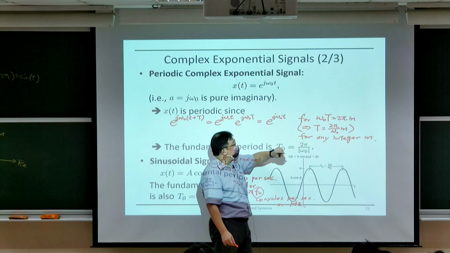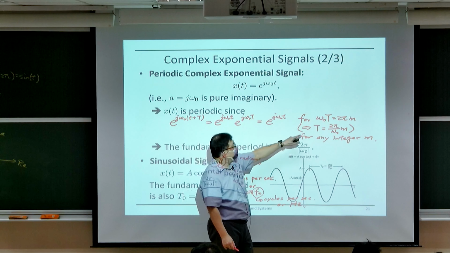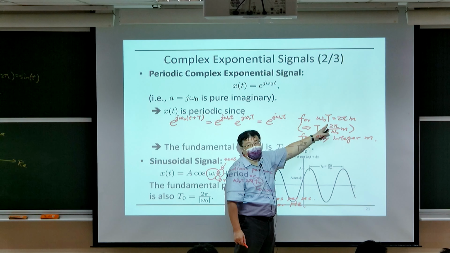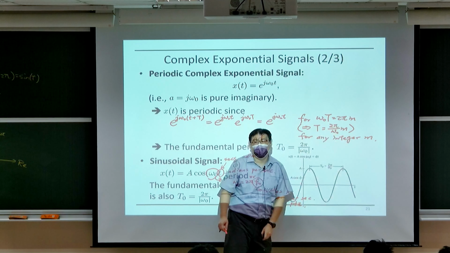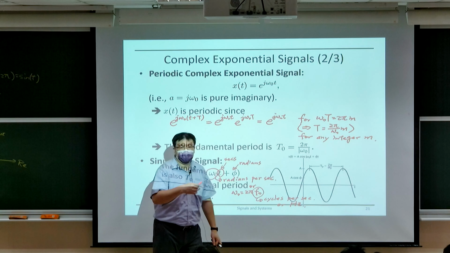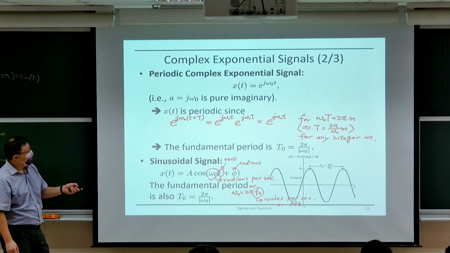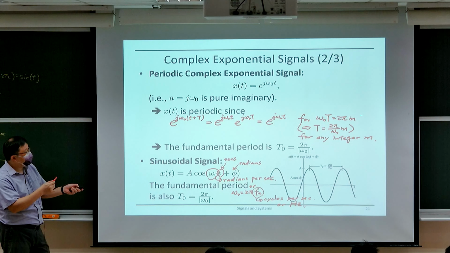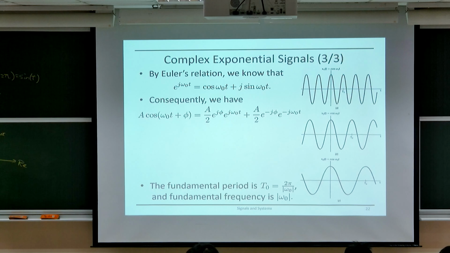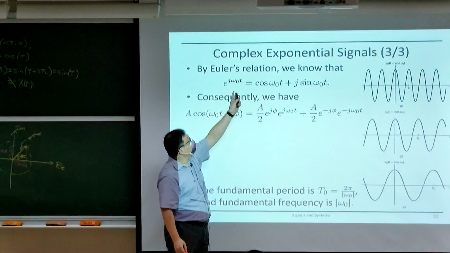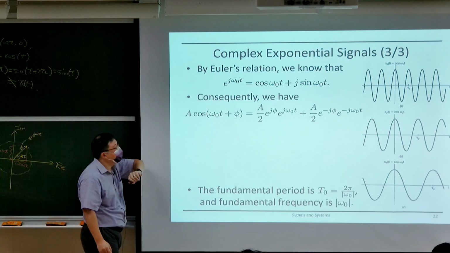It is periodic with period T when T times omega naught is equal to an integer multiple of 2 pi, because this means that it comes back to the same point m times after time capital T. This is going to be a very important function that we will use throughout the course.